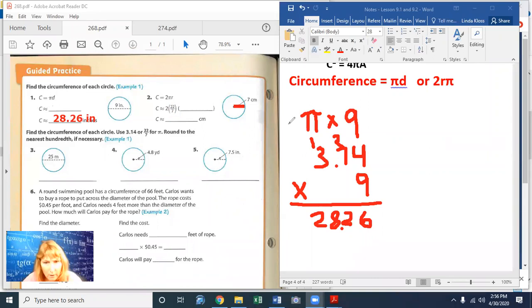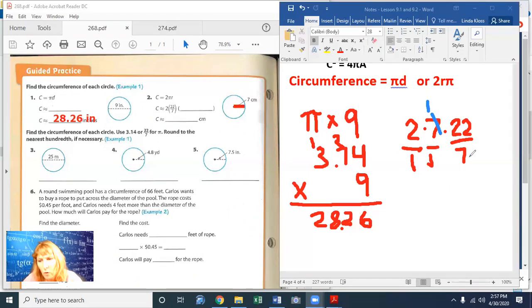We'll write that out here. So we have 2 times the radius, 7, times 22/7. That's pi, okay? So when I set this up, I'll actually put this over 1 so you can see that they're all fractions. All fractions being multiplied together. Notice that I can cancel the 7's out. 7 divided by 7 is 1. 7 divided by 7 is 1.